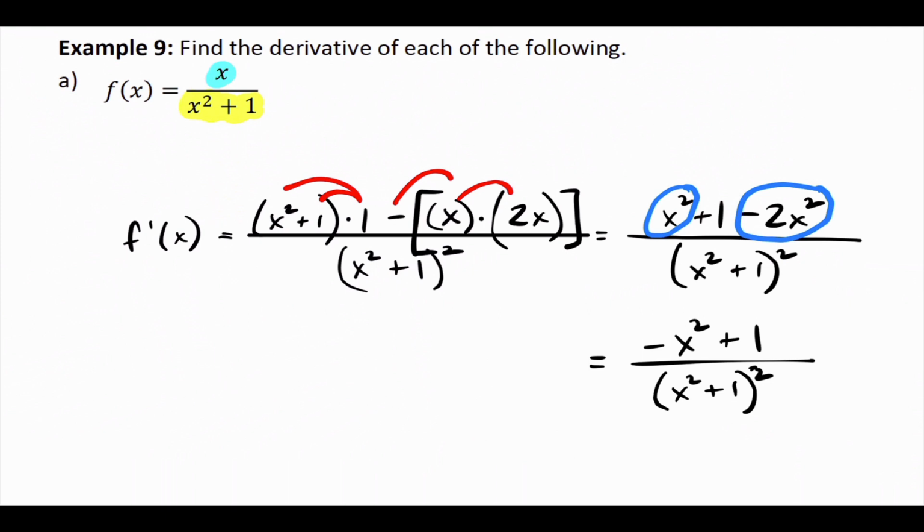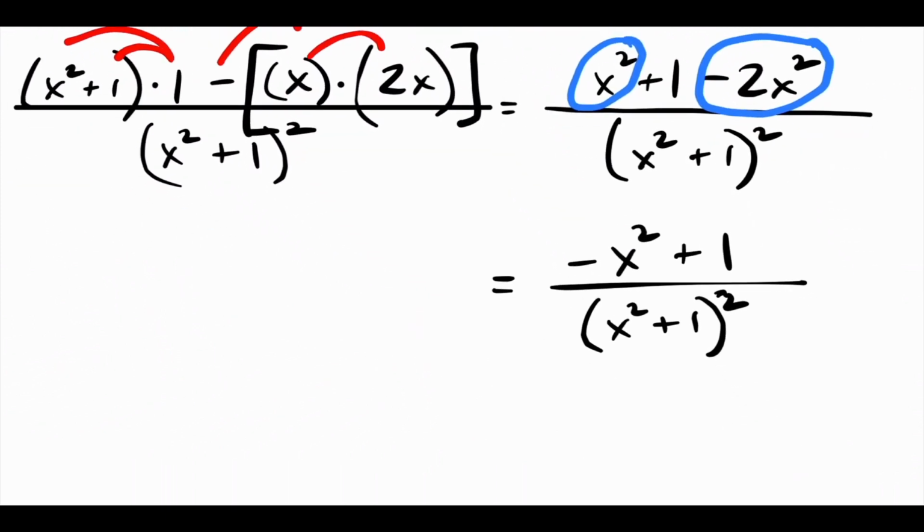The top and the bottom look very, very similar. Can I factor them out? No. If this negative wasn't there, you absolutely could. If this negative wasn't there, I could cancel one of these out with one of these and make this a 1.